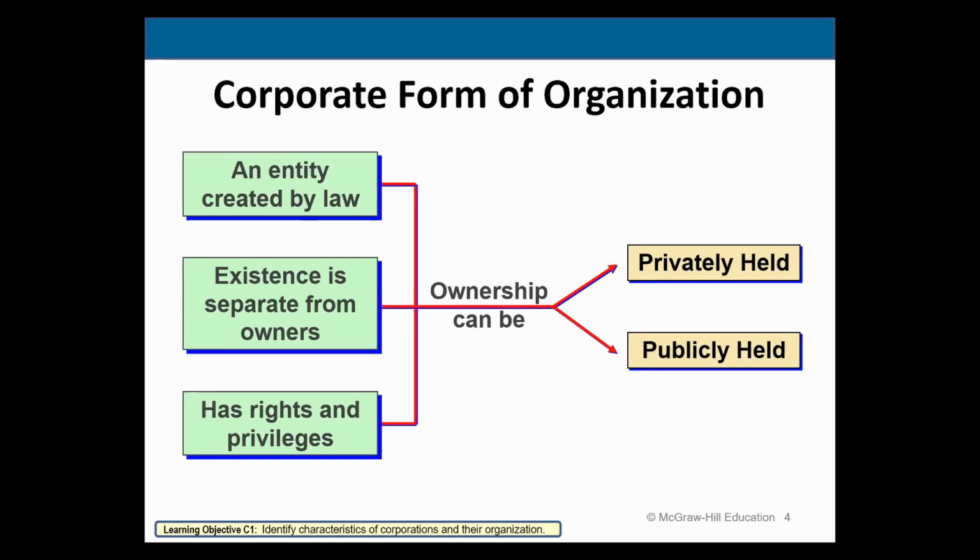Corporations can be separated into two types: a privately held or closely held corporation that does not offer its stock for public sale and usually has few stockholders. A publicly held company offers its stock for public sale and can have thousands or millions of shareholders. Public sale usually refers to the issuance of stock and then trading it on the stock exchange.